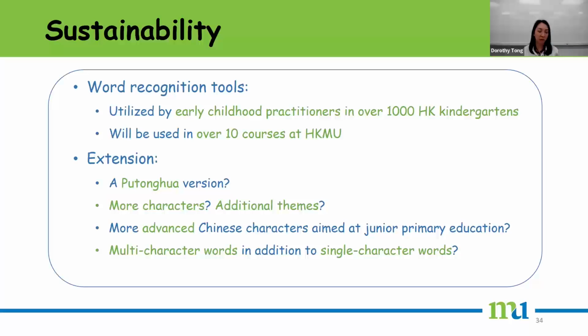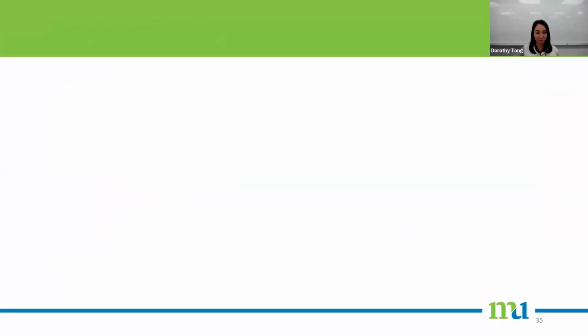So in the future, we can also think about multi-character words because there are many 词语 instead of just one single character in the day-to-day use of Chinese or Cantonese. Okay, so yes, hopefully we can think about these other possibilities in the future after this project.